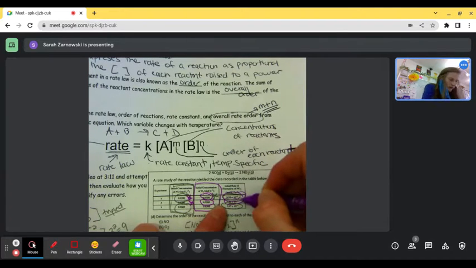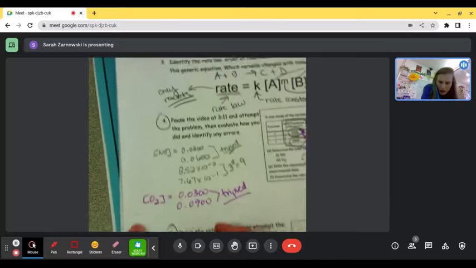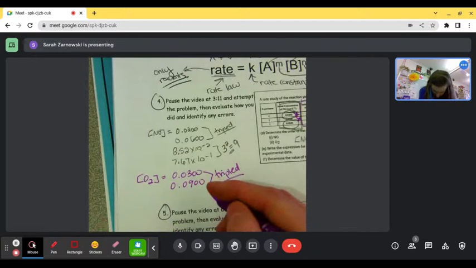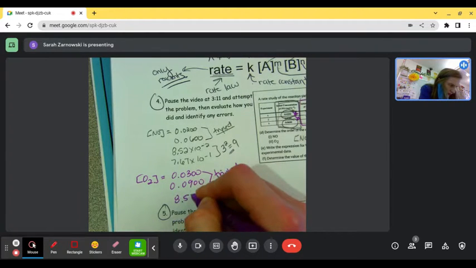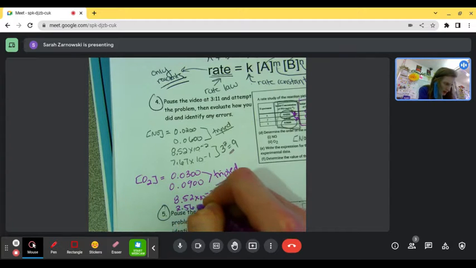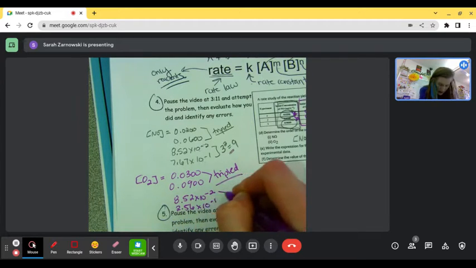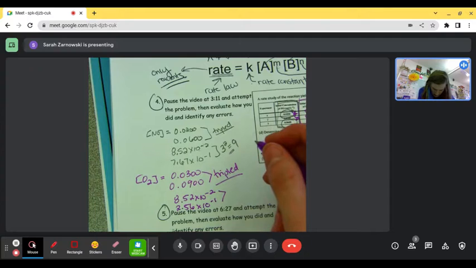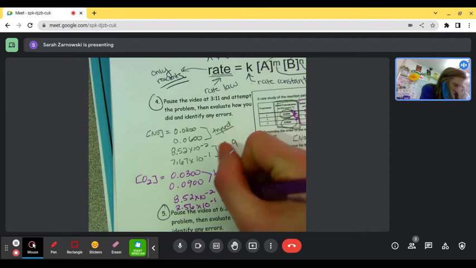I'll write those out for you. So the rate is 8.52 times 10 to the negative 2, and it's 2.56 times 10 to the negative 1. So this is tripled.